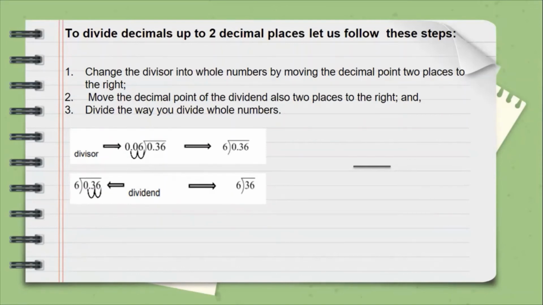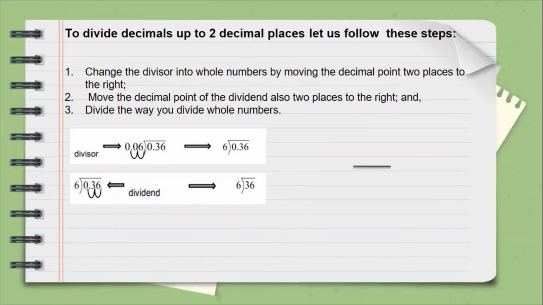Now, a while ago, we moved the decimal in our divisor 2 places to the right. We need also to move the decimal point of our dividend 2 places to the right. So let us move 1 and 2. And that makes it a whole number 36. Since we already moved the decimal, that's the time that we could now start dividing.